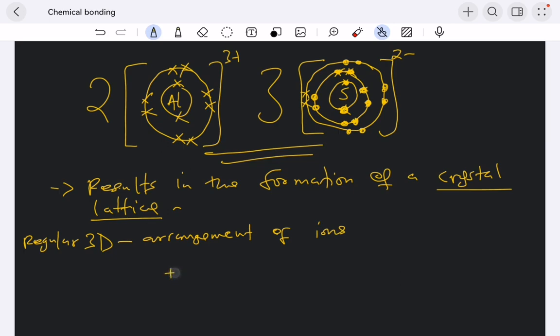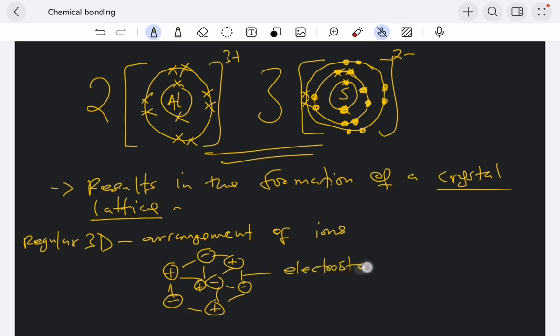So we see something like this: negative, positive, and then goes down there, positive, negative, positive, negative. Yeah, so something like that. And it carries what we call the electrostatic force.